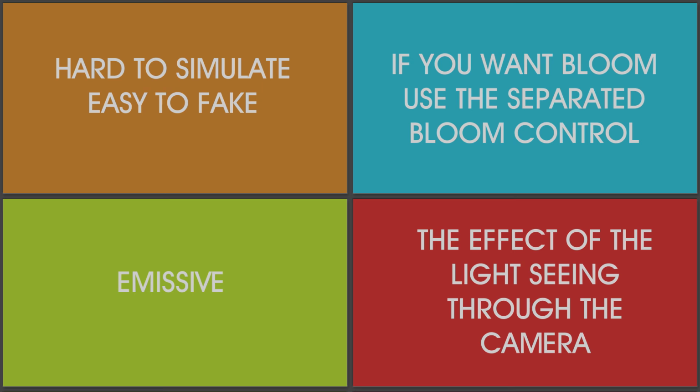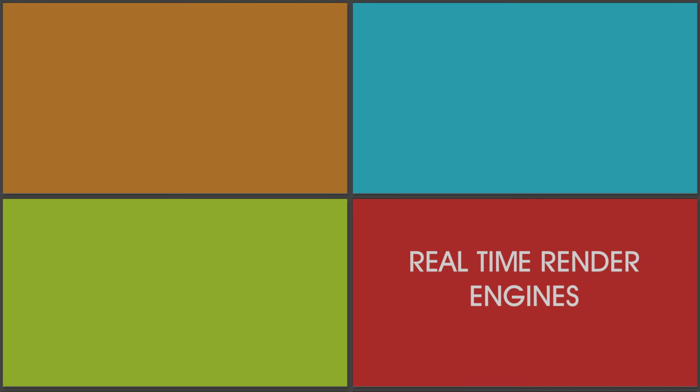Okay, so now let me talk just a little bit about real-time tricks. What happens when we have a real-time render engine? We have some tricks to fake the global illumination and all that stuff, because we are not ray tracing everything at every frame, since it's too hard to calculate.